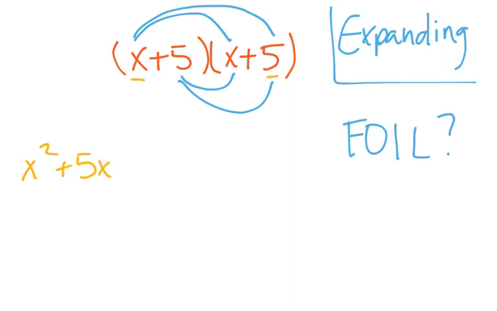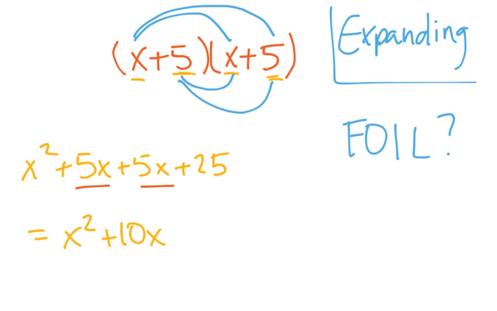And then inner, 5 times x, so another 5x. And then last, 5 times 5, that's 25. Now I need to combine like terms, and that's going to equal x squared plus 10x plus 25.